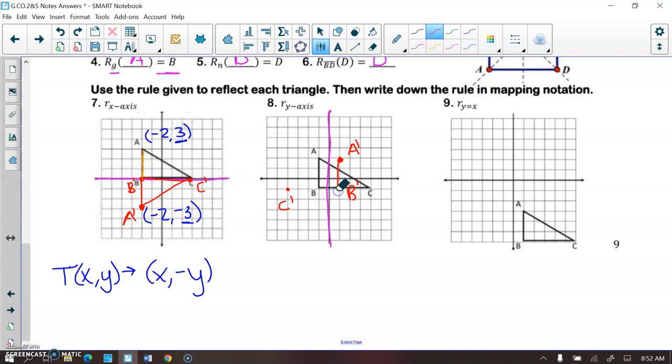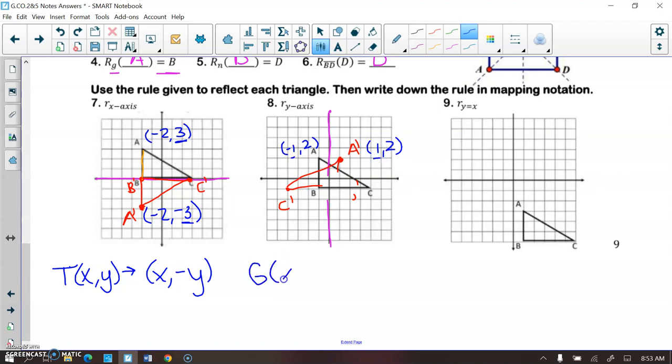So this is what your figure looks like, and now we're going to determine what happened to do our mapping rule. So let's look at point A again. Point A was originally at the ordered pair -1, 2. And now A prime's at 1, 2. So this time my x value became negative and my y value stayed the same.